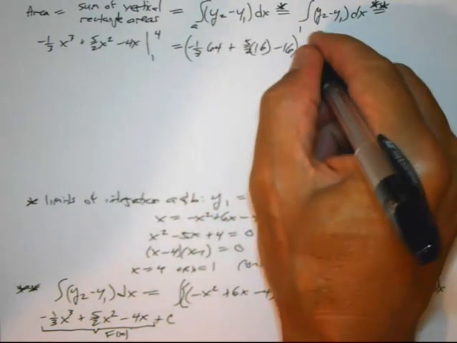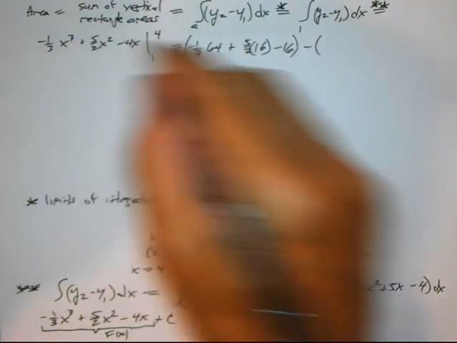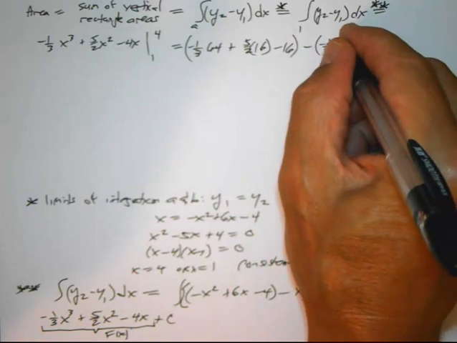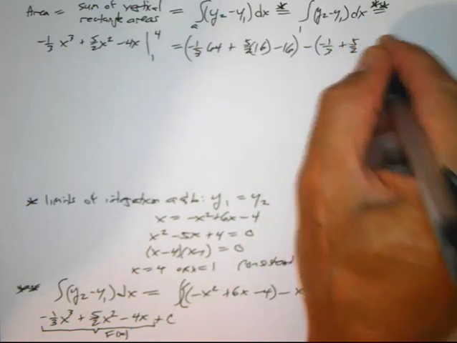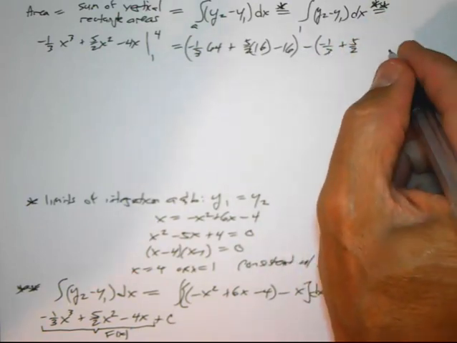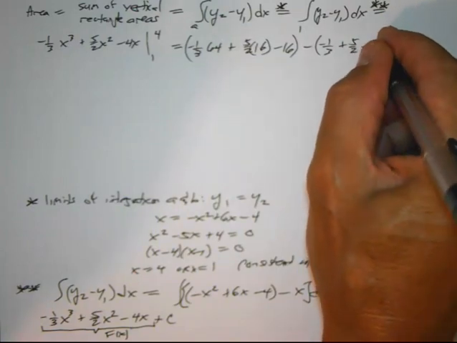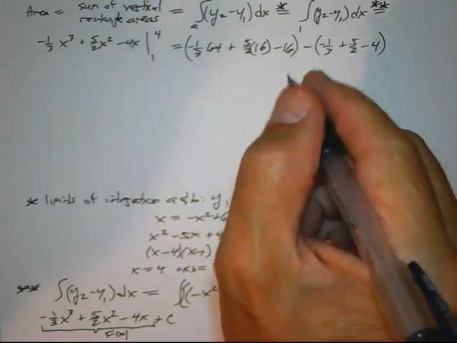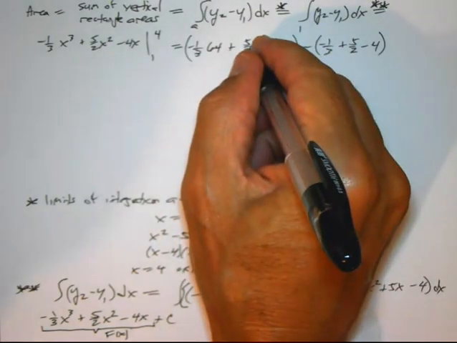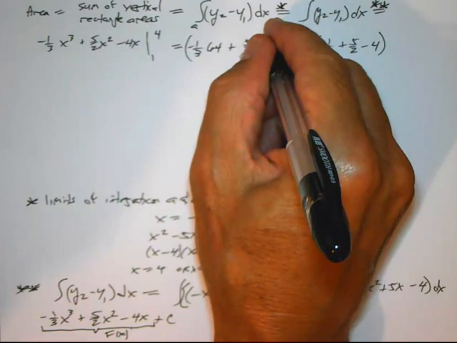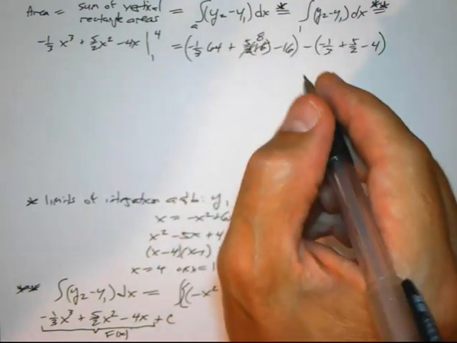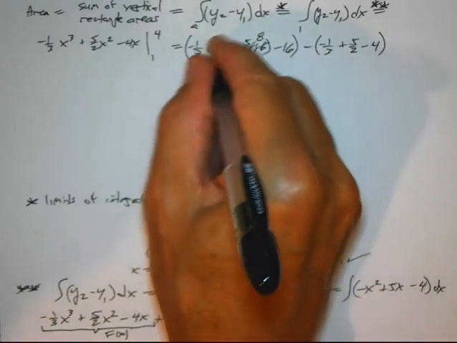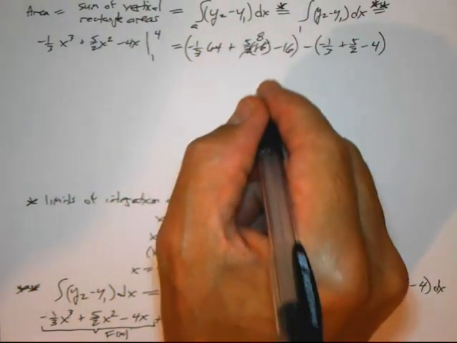Alright, and now we have to subtract the evaluation of this at 1. Negative 1/3 times 1, plus 5 halves times 1 squared is just 5 halves. And then minus 4 times 1, just about like so. Okay, let's see, backing up here, a little simplification, we get 8 there. Okay, and this 64, no further cancellations there.